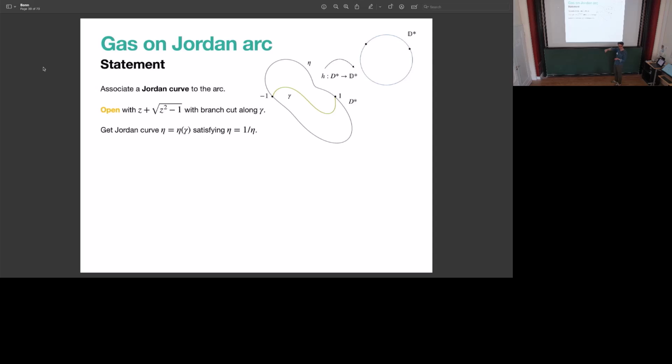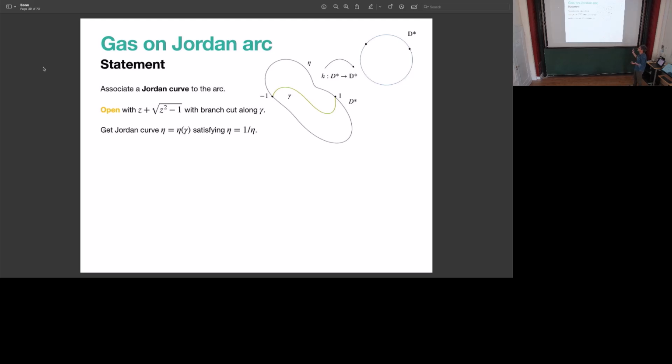I cut open the sphere along gamma, open it up, and glue them together with the opposite sides matched. I get an abstract Riemann surface which I can uniformize, and where I sew them together, the welding curve will be my eta, which will turn out to have the symmetry that, as a set, it's symmetric with respect to reflection.